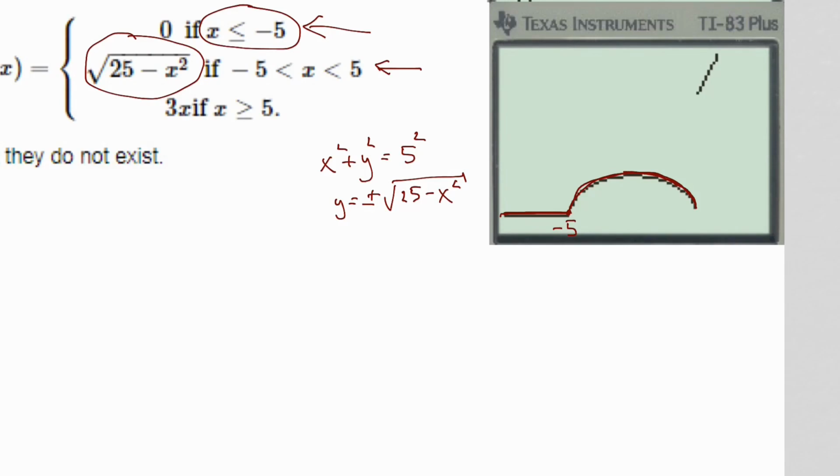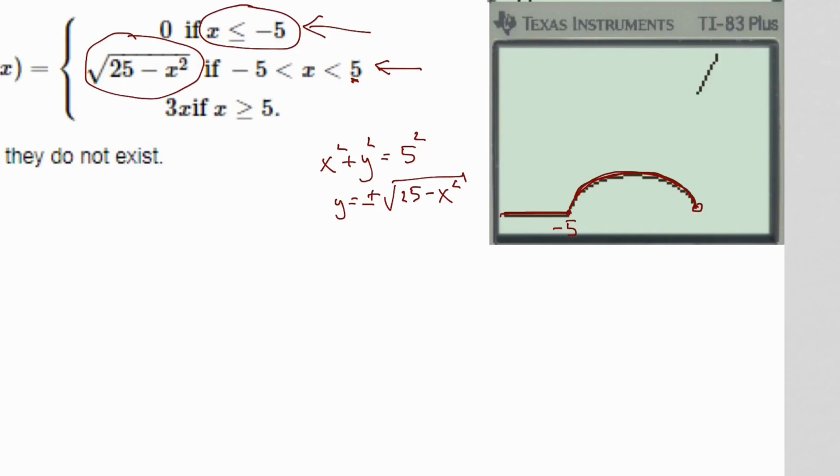Now it doesn't look like a circle because of the way the window is set in the calculator, so it's just distortion. It's a distortion of the image, but really that's supposed to be a half circle. And when x is equal to +5, that point is not on this circle. So really, you could represent that with an open circle at this end. And that's true on the left side as well.